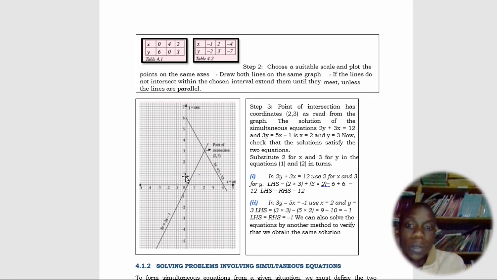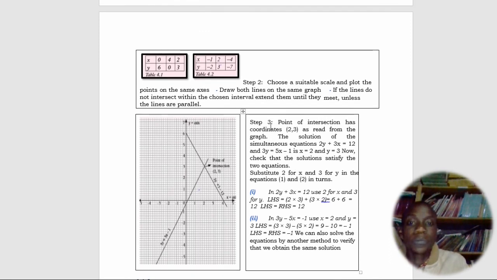Then you join the point, form the line. Then where the point are intersect, it is the solution of simultaneous equation. You see that these two graphs meet or intersect where x equal 2 and y equals 3. That means that the solution of that simultaneous linear equation is when x equal 2 and y equal 3.